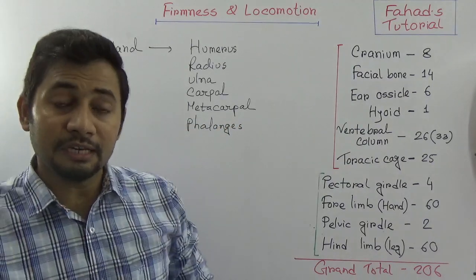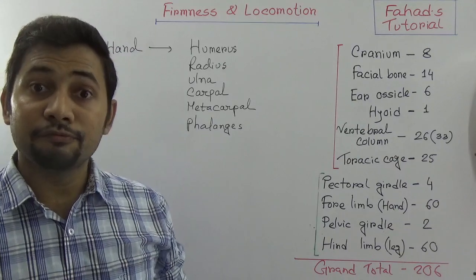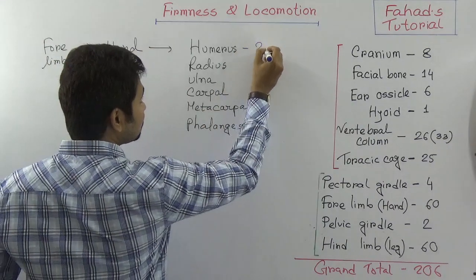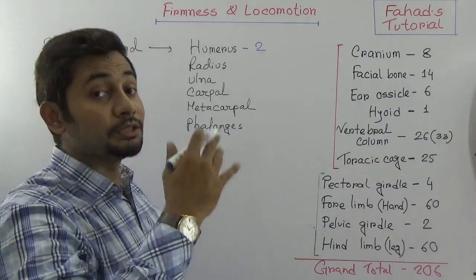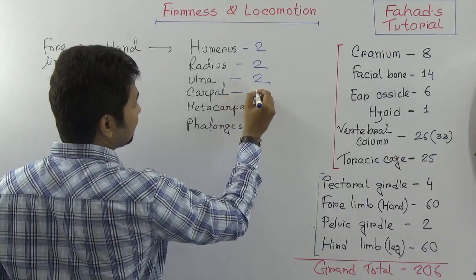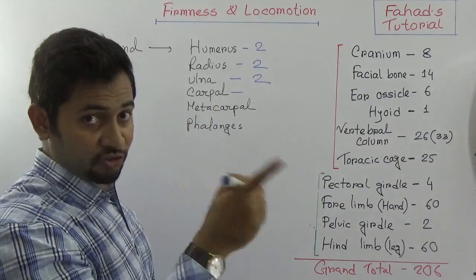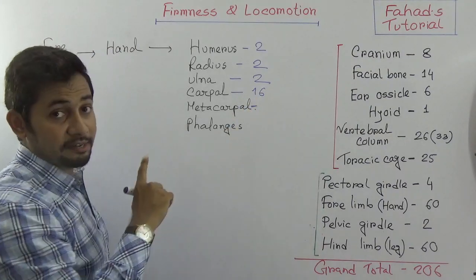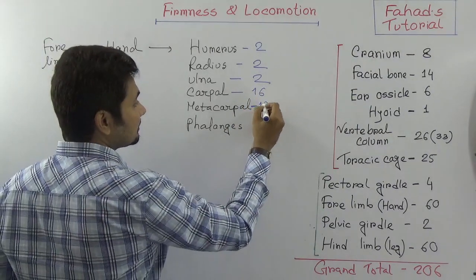Okay, so now you count the number of bones in our 4 limbs that we have. Humerus, 2 hands, so 2 humerus. Radius, 2 hands, so 2 radius. Ulna, 2. Carpal, 8 each hand, so that is 16. Metacarpal, 5 each hand, so that is 10.